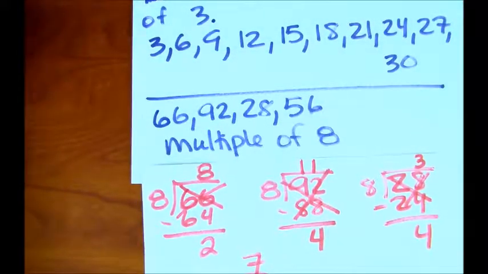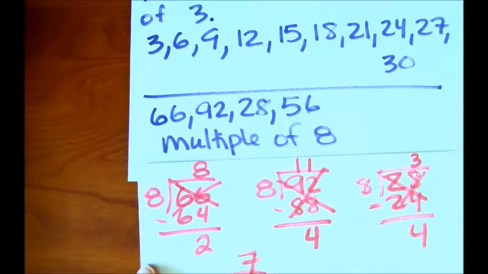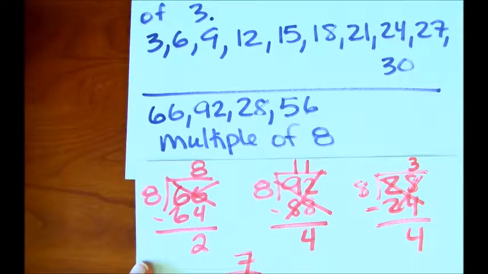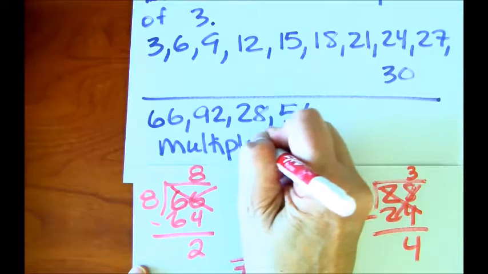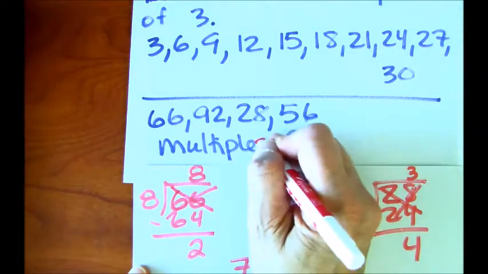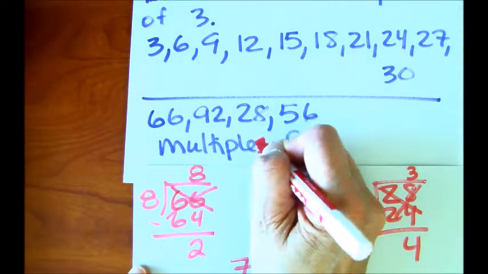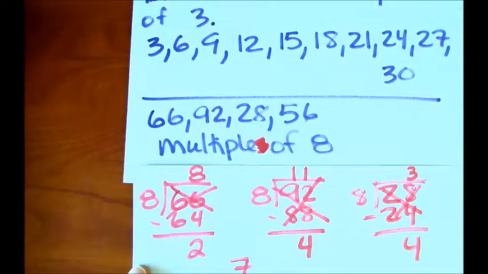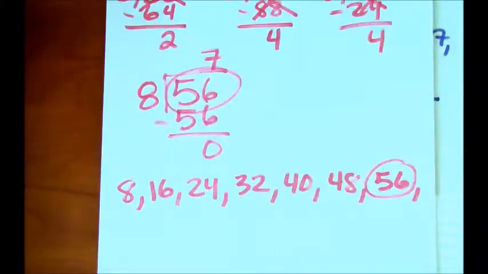You want to look at the question carefully because it might say what are the multiples. If it said multiples, then you know you're going to be looking for more than one. But because in this question I was just asking you multiple, singular, I'm just going to go ahead and stop because I know that is my answer.